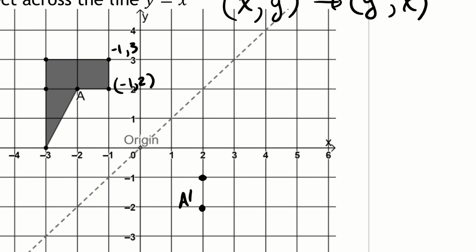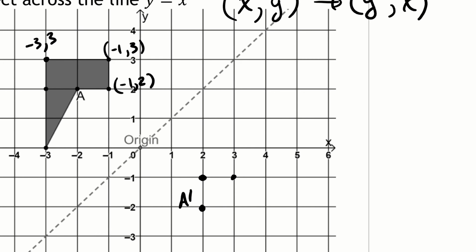(-1, 3). So now x is 3, y is -1. Okay. And then over here, I've got this point where x is -3 and y is 3. So now I'm going to go to the point (3, -3).